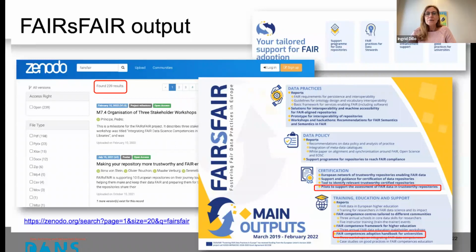As you can see, we now have 239 entries in our Zenodo FAIRsFAIR collection community. So there are 239 different kinds of outputs in all shapes and sizes and forms that came out of this project that are openly available for everybody to look at and to use. Now, these outputs concentrate really on 3 sets of outputs: guidance in all shapes and forms, practical tools, and also training.